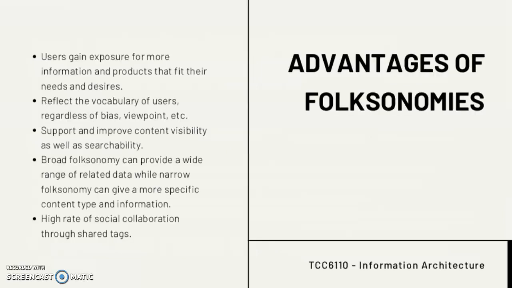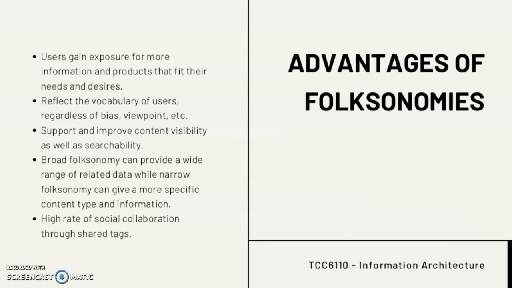In general, folksonomy is a new way to organize information. Users gain more exposure to information and products that fit their needs, as they are enabled to add tags to information that can be found easily later. Folksonomy solves some of the challenges that taxonomy has. While taxonomies usually use language for a professional audience, the majority of end users might have difficulty understanding categories and topics.